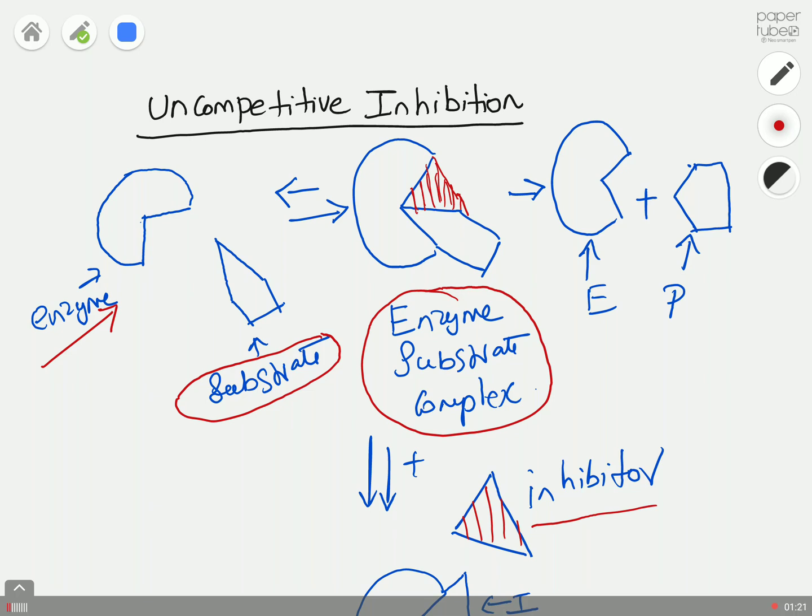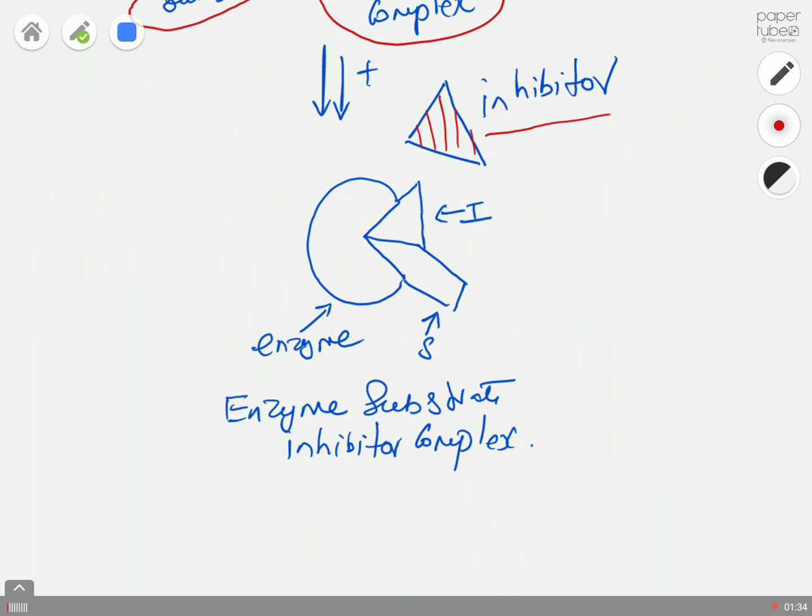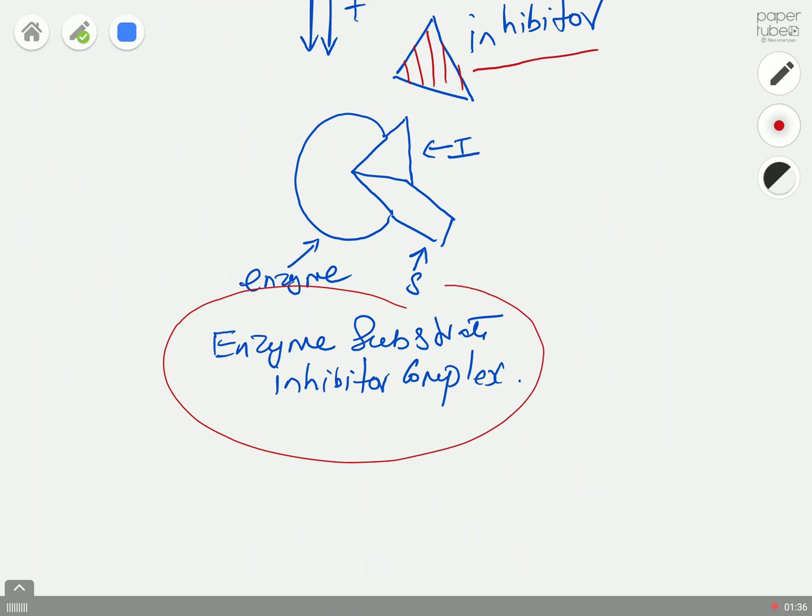So this inhibitor will go and bind to this specific pocket to form the enzyme substrate inhibitor complex. In this case, this is your dead end complex, or dead end molecular complex. So this won't react to give products.